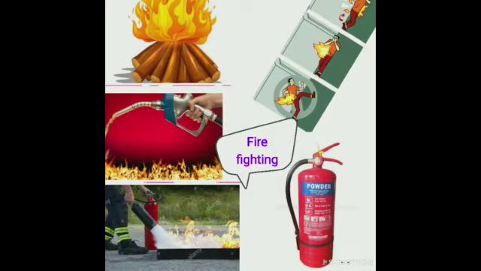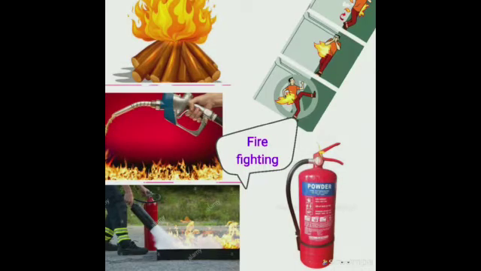This type of fire can be extinguished by throwing sand over it. We should first switch off the main supply immediately to prevent the spread of the fire.